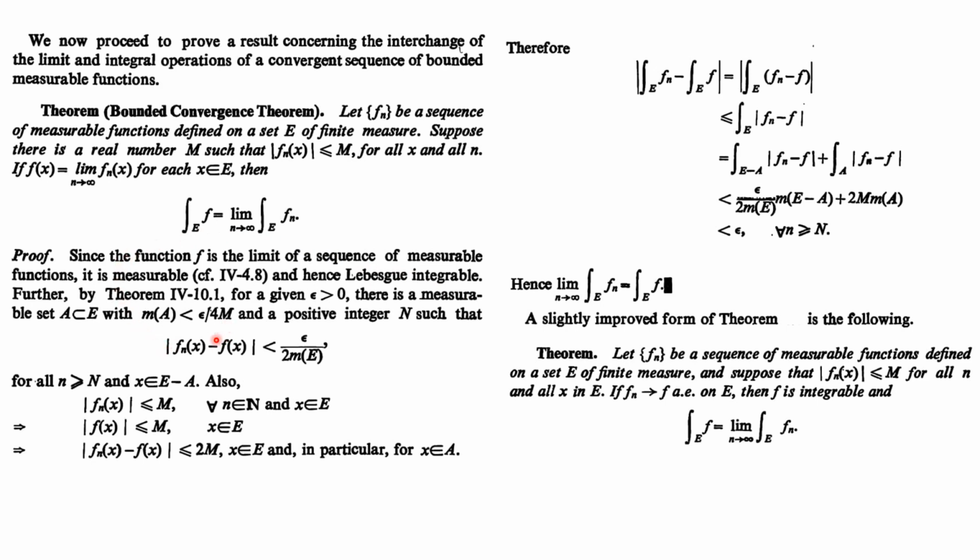So we split the set E into two parts. One is E minus A, other is A. On A we will use the bound, and on E minus A we will use this thing. Combine these two, we will get the sequence converging to f on E, and this is the proof.